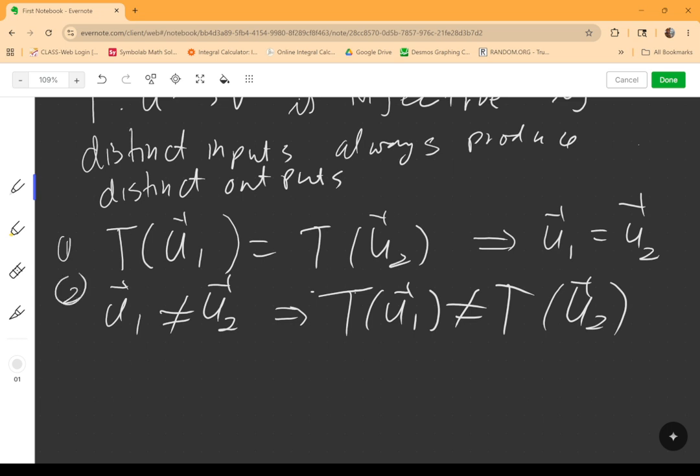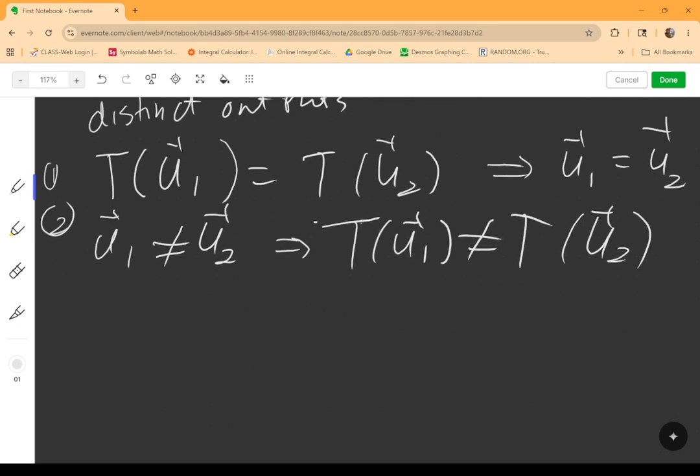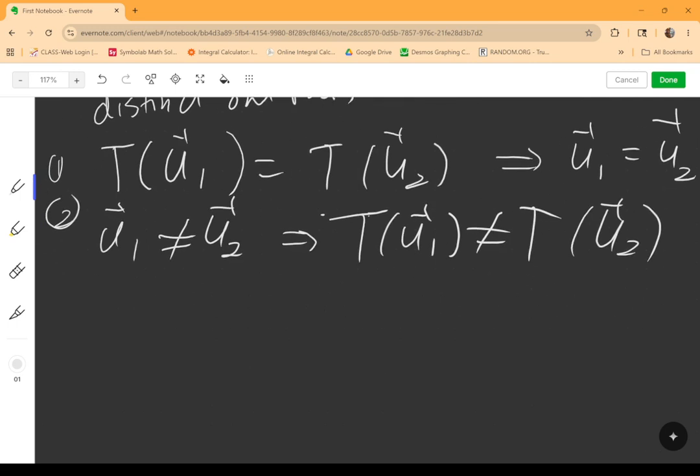Logically equivalent statements. The second one is what's called the contrapositive, where we negate the conclusion, in this case U1 not equal to U2, and that implies the negation of the hypothesis, T of U1 does not equal T of U2. Showing either of those is equivalent, but as we'll see, it will come down to determining what is in the kernel of a linear transformation.